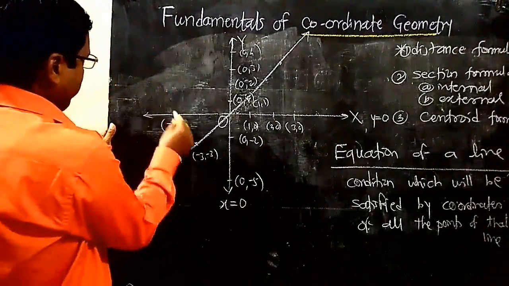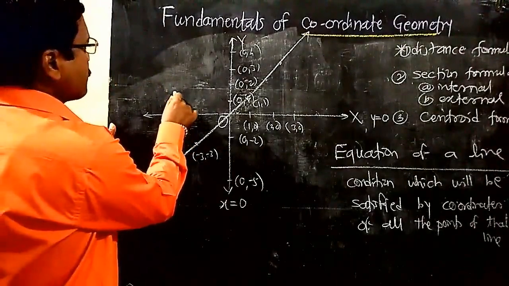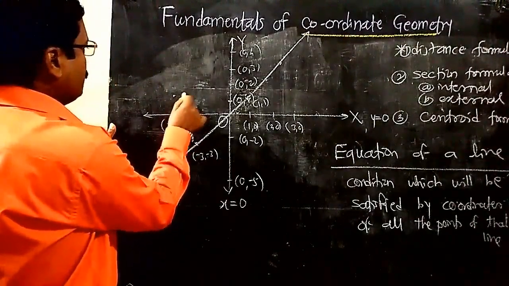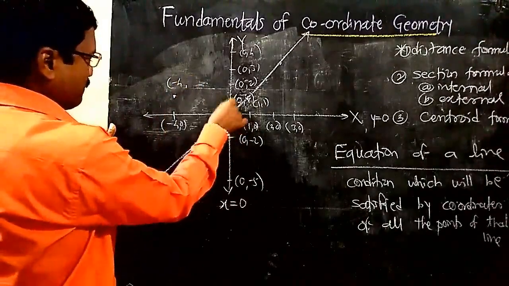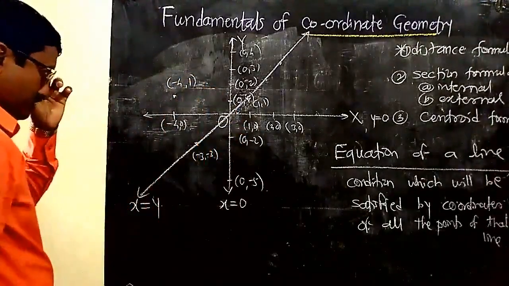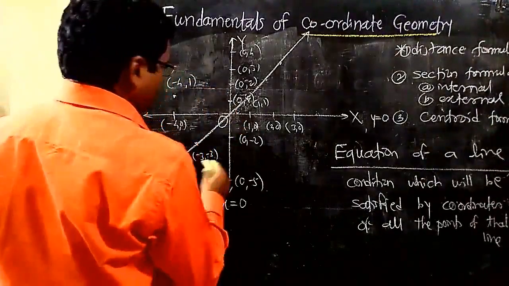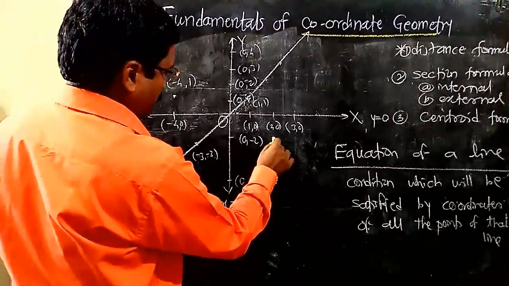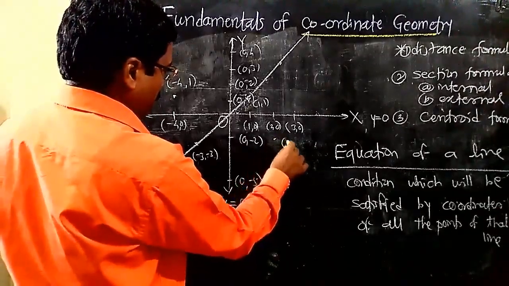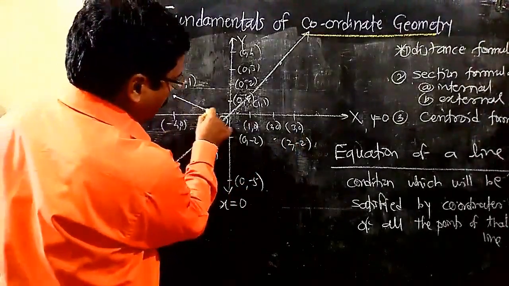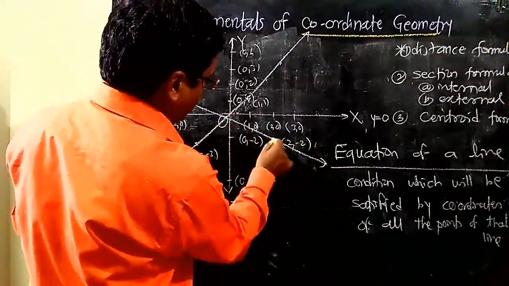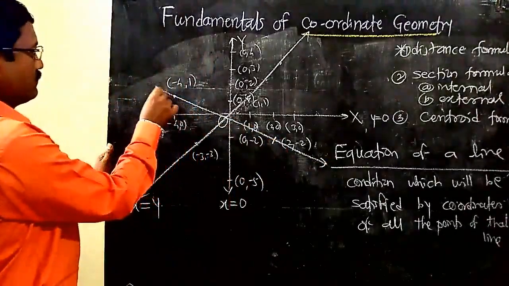Suppose here we have taken a point as minus 4, 1. Let us take another point here. It will be 2, minus 2. And we have to find the equation of the line passing through these 2 points.